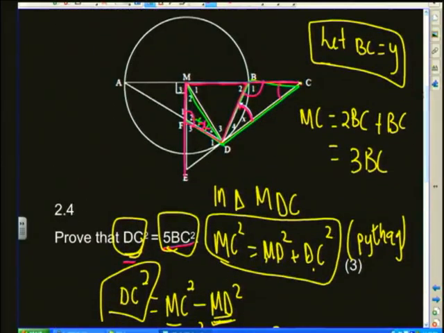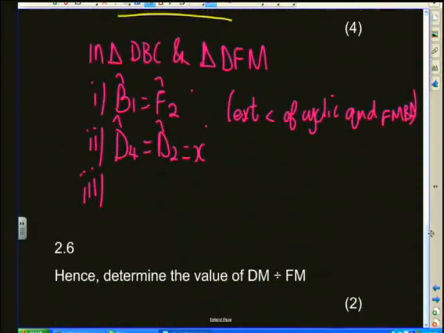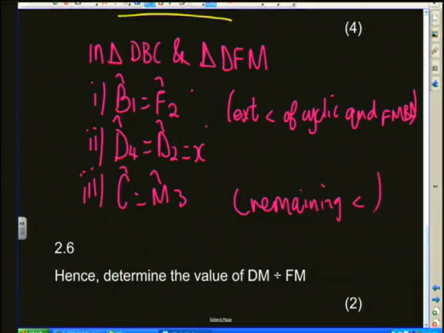So angle C is equal to angle M2, and the reason is remaining angle. Therefore triangle DBC is similar to triangle DFM, and the reason is angle, angle, angle.